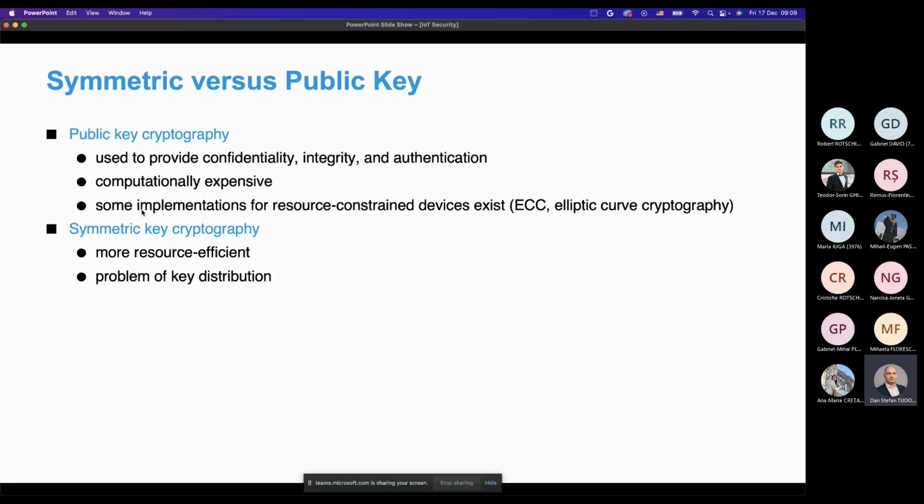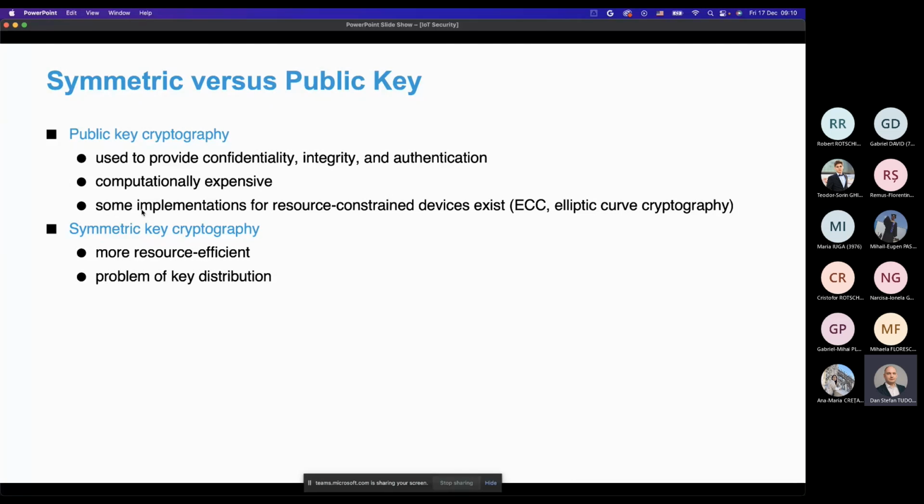We have these two approaches of public key cryptography and symmetric key cryptography, which have their own particularities. While public key cryptography can be used to provide confidentiality, integrity, and authentication, so CIA, public key algorithms are computationally expensive. Unfortunately, this limits their use in resource-constrained sensor networks.